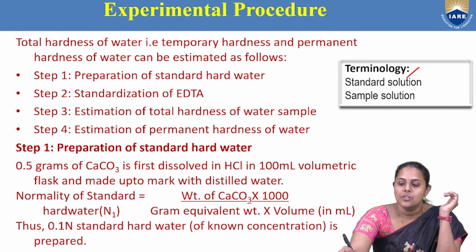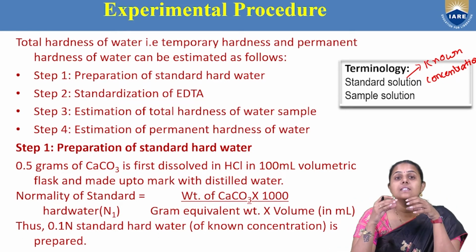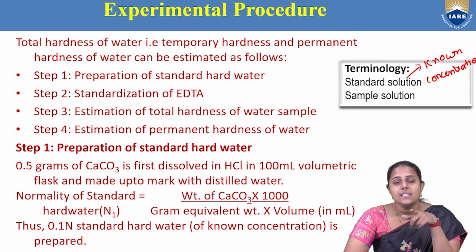But the term sample solution is generally used for solutions whose concentration we have to find out. So in our experiment, the sample solution is the hard water sample, whose hardness we have to calculate.